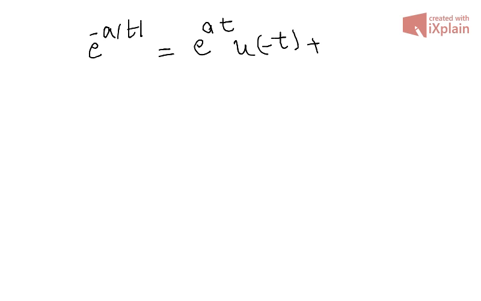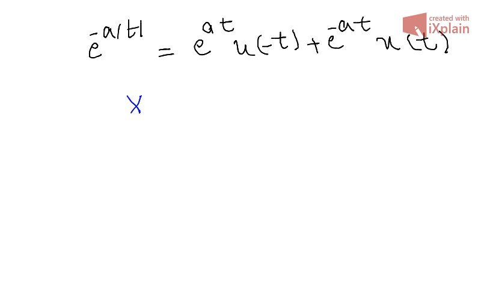After visualizing this signal, we can say that e raised to the power a mod t can be expressed as e raised to the power at u of minus t plus e raised to the power minus at u of t, unit step function. So once we represent x of t in this form, it would make our integration easier.